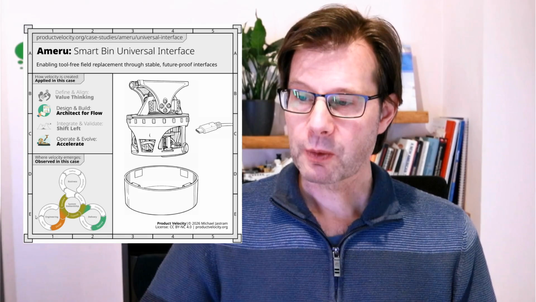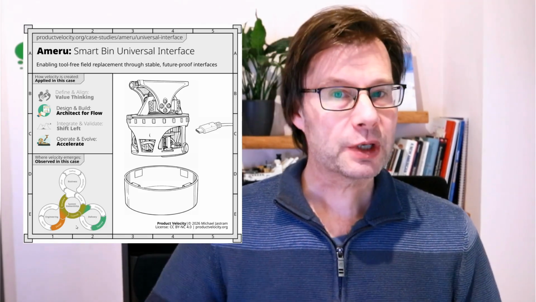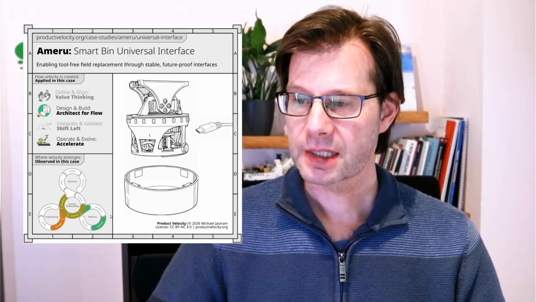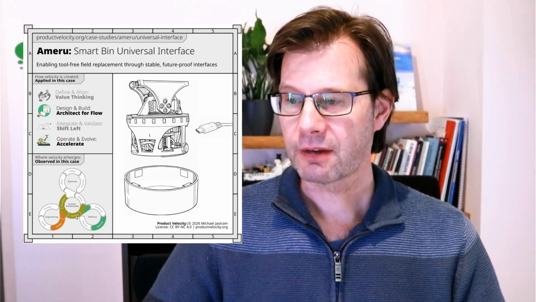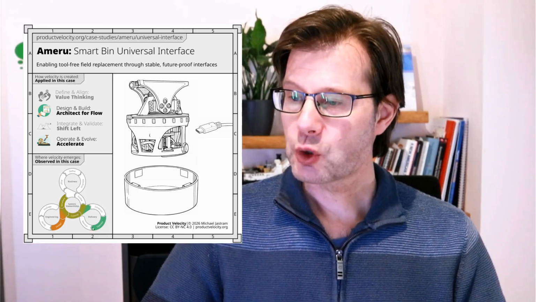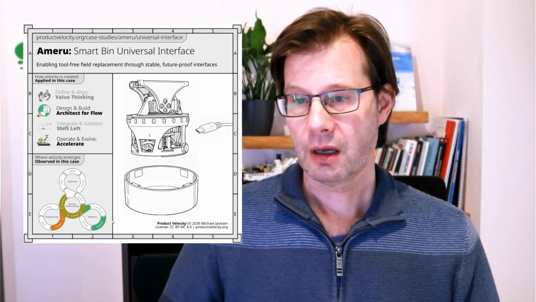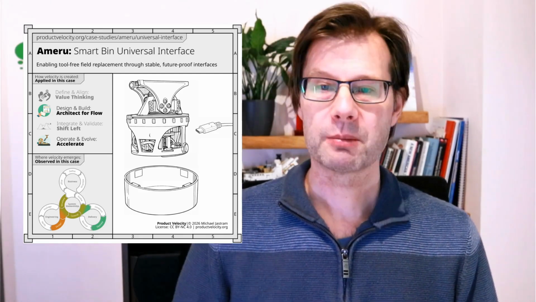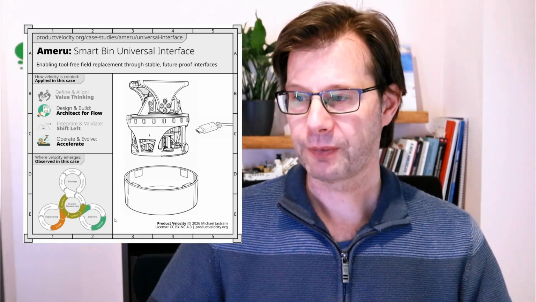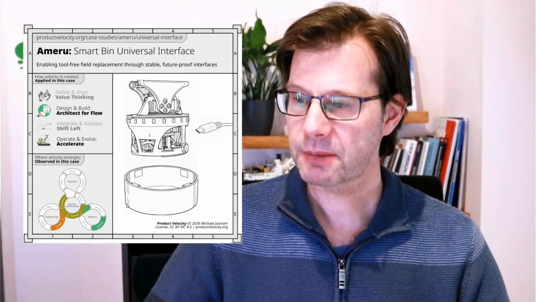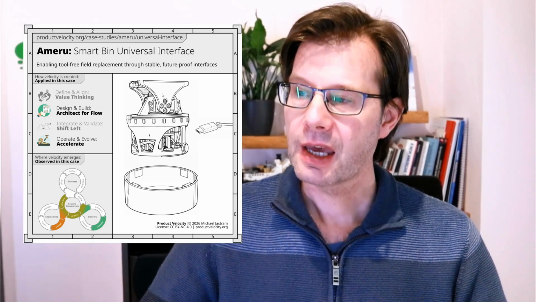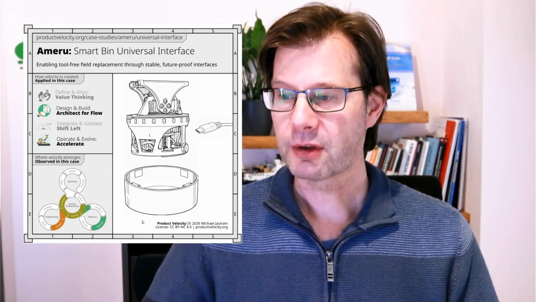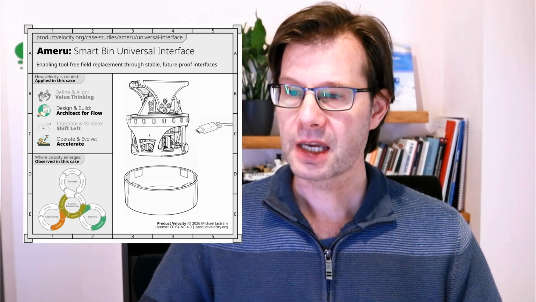Once they were happy with that, they really committed to that by putting it in the field, by shipping the smart trash cans with these interfaces. And then they would go into operation, where the customers were using the smart bin and where they could exchange the dumping mechanisms with a few steps in a few seconds if it would break down. So these four aspects of the velocity loop were applicable in this case study.